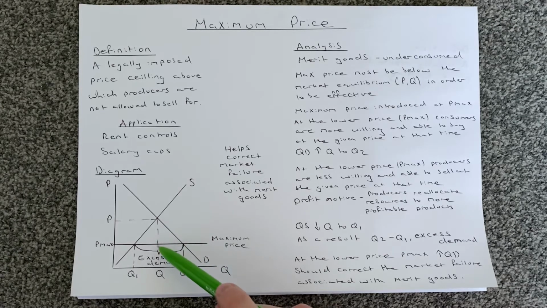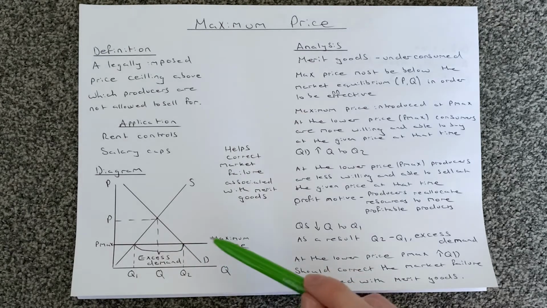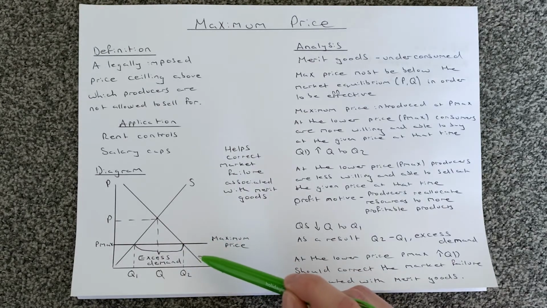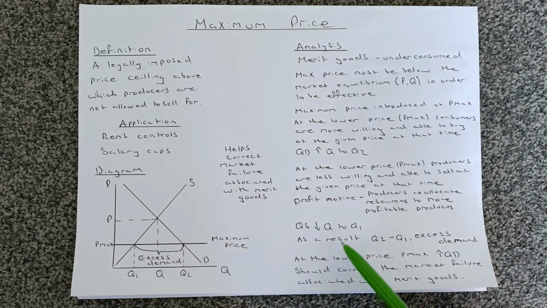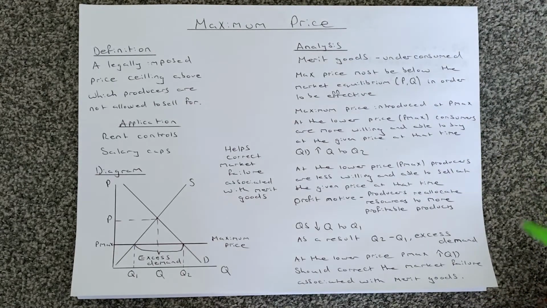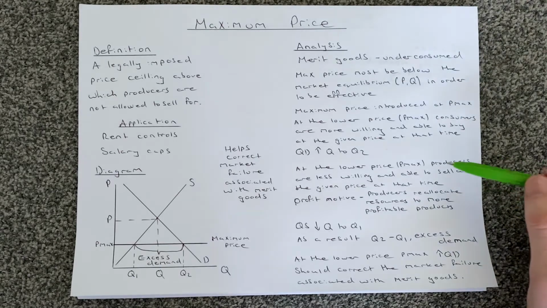We see that the quantity demanded increases from Q to Q2, and by doing so, we would expect the market failure to be corrected because there's a greater consumption of the fruit and veg. But there is a particular issue which we'll draw upon when we look at our evaluation.